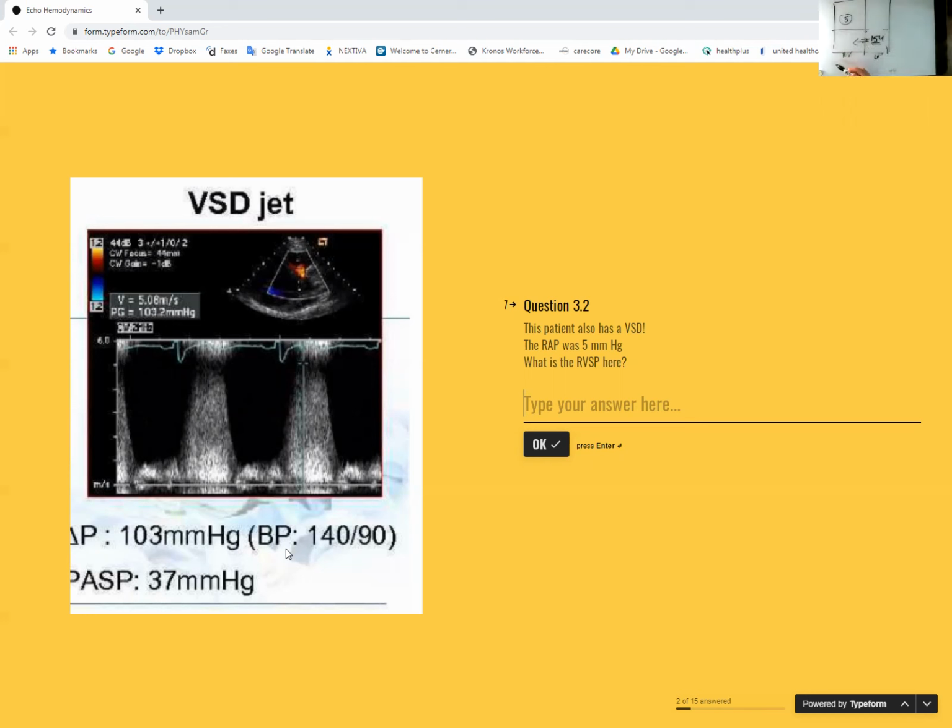So 154 minus the pressure drop across the VSD, which is 103, equals 51, right? 51. I tricked you, because you were tempted to use the RAP, and you don't need it here. It's irrelevant. Okay. All right.